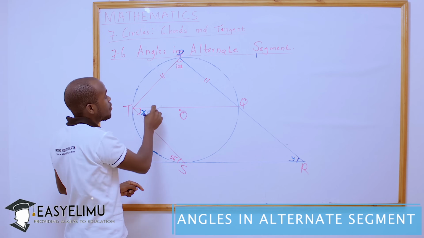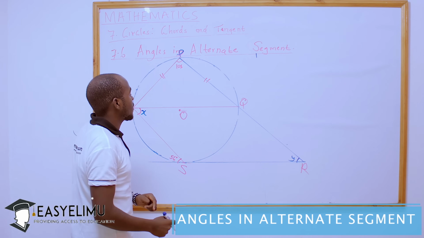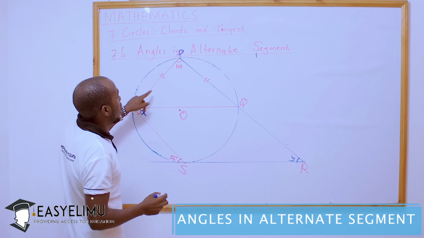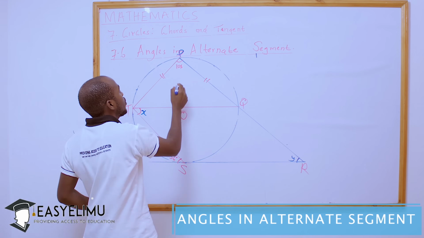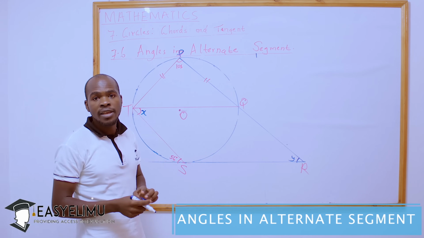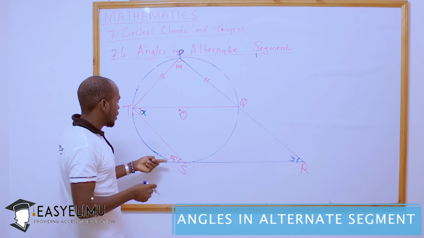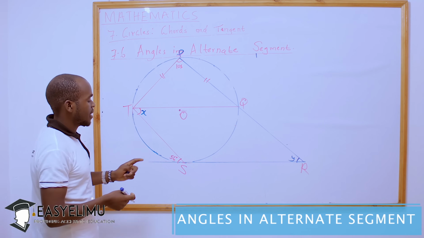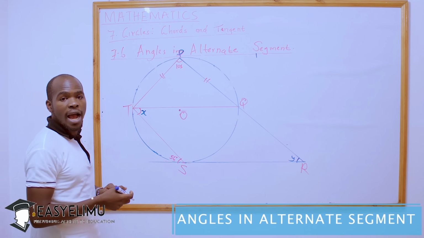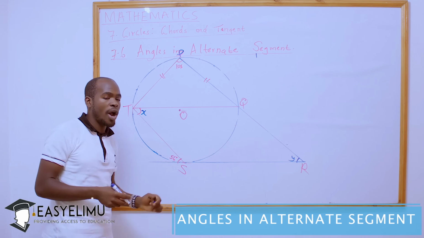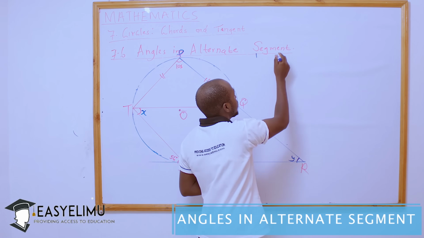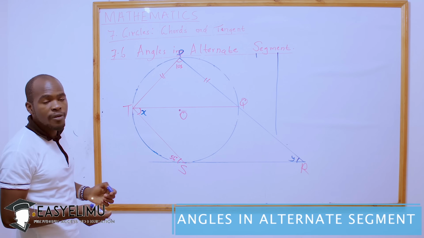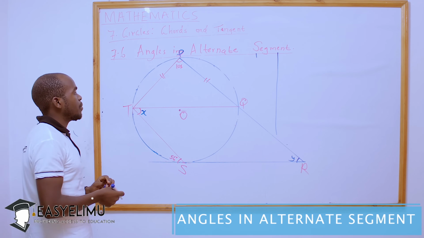Then we have been given an isosceles triangle within the circle, and the circle is of center O, with 108 degrees as one of the angles, and an angle on the tangent which is 56 degrees, as you can see there. We have been asked to find X and Y. So we need to use the ideas we have found from previous knowledge to work out this example.